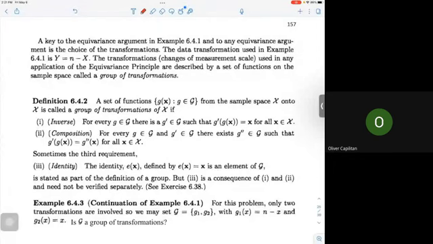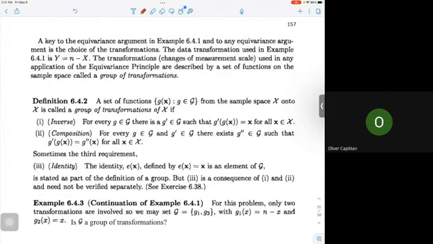So we have here the definition of a group of transformations. A set of functions, the set containing g of x, such that g is an element of script G, from the sample space script X onto script X, is called a group of transformations of script X if three conditions are satisfied.